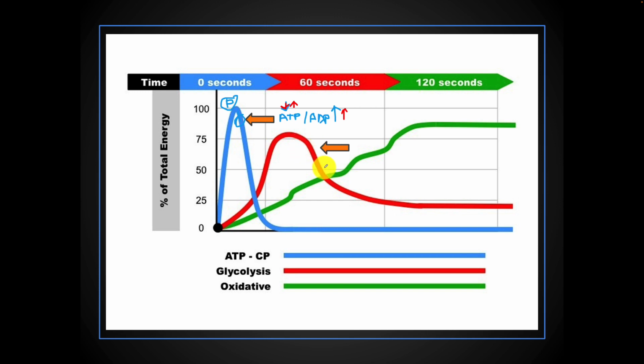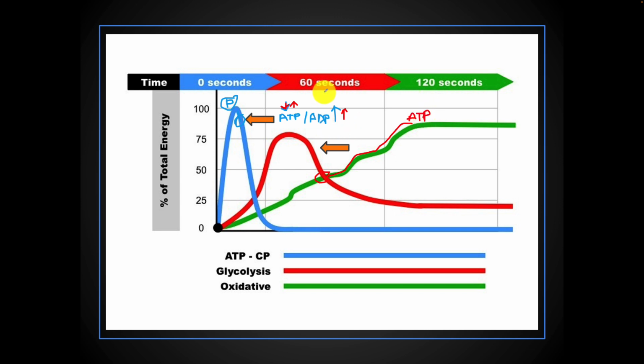Well, once that occurs, look at what comes to the rescue here. We have the oxidative pathway, which is fatty acids, kind of taking over and increasing ATP resynthesis, right? So this is just a picture to show you the transfer of these energy systems.